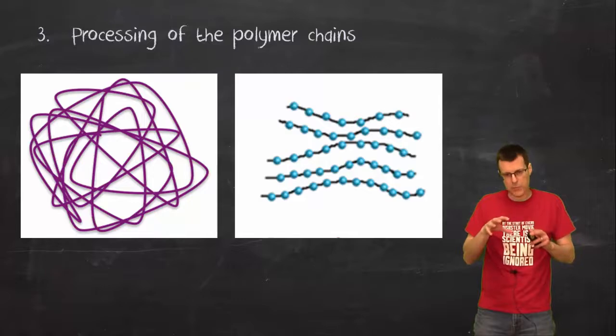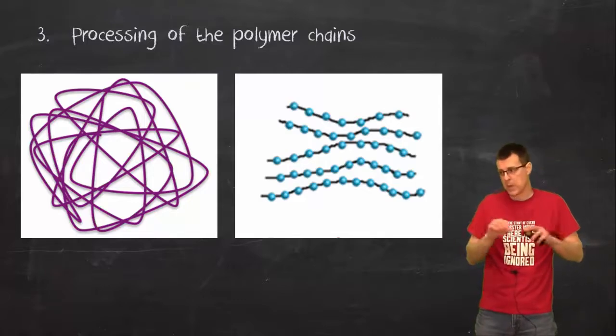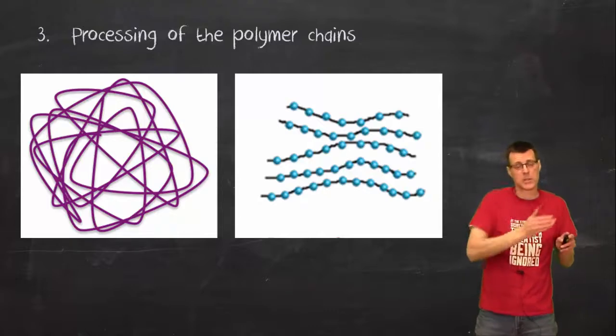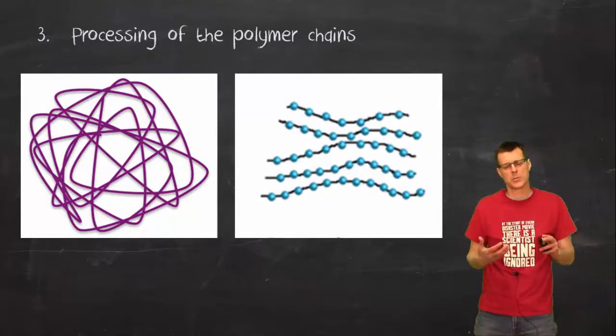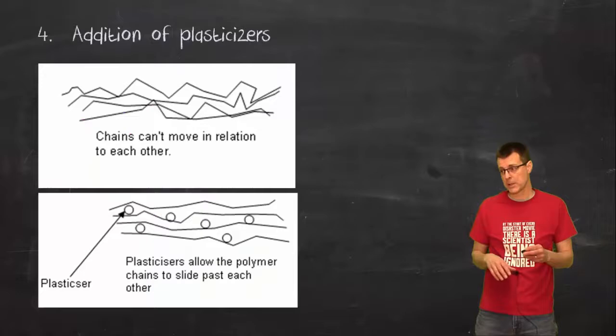And that's going to have different properties than if I were to take exactly the same chains and line them up more or less in a linear fashion. So for example, keep the spaghetti going, if I have uncooked spaghetti, fairly rigid and all in a nice line, but once I cook them they're all jumbled up, that's going to change how they interact with each other. That's going to change the properties of the overall thing.